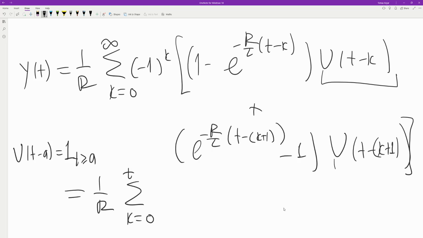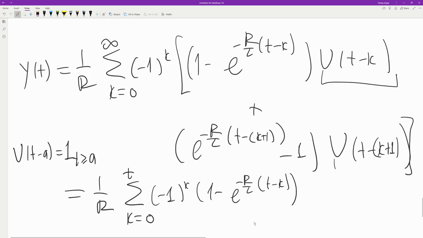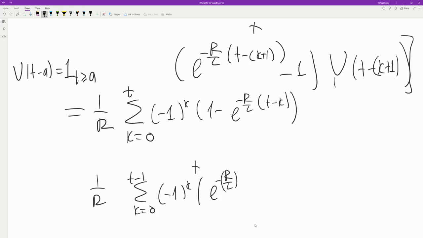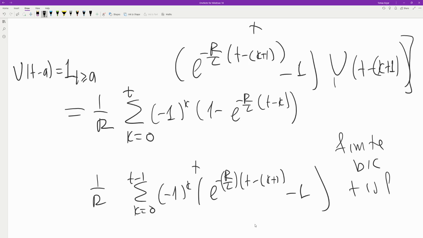So let me write it here, because you might be wondering if it was finite. Okay, I think that's it for now. So this is if you remove the step function, and these sums are finite because t is finite. Okay, thank you.